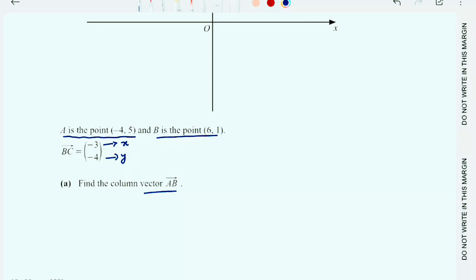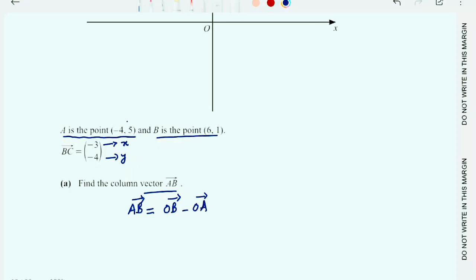So with the help of position vectors, we would be able to find the vector AB. That would be the position vector of B, that is OB, minus the position vector of A, that is OA.